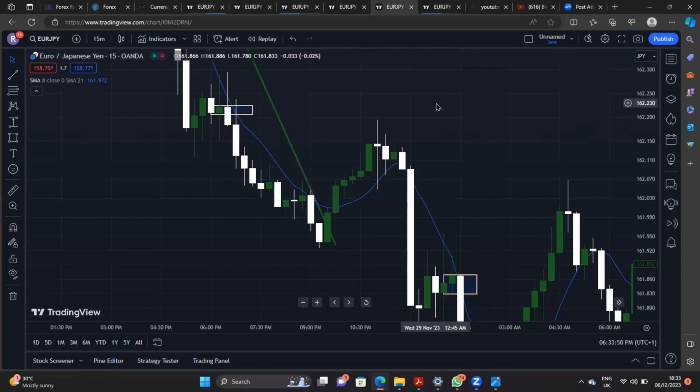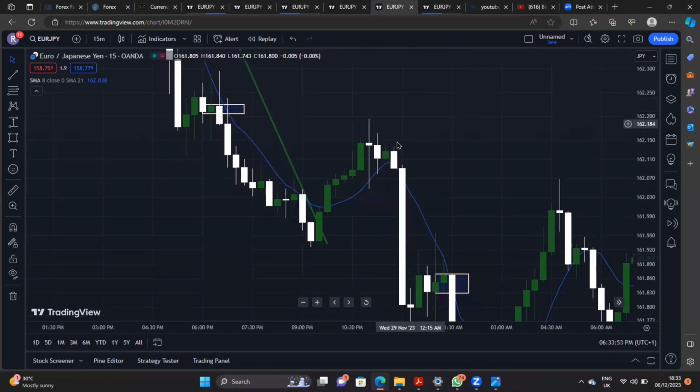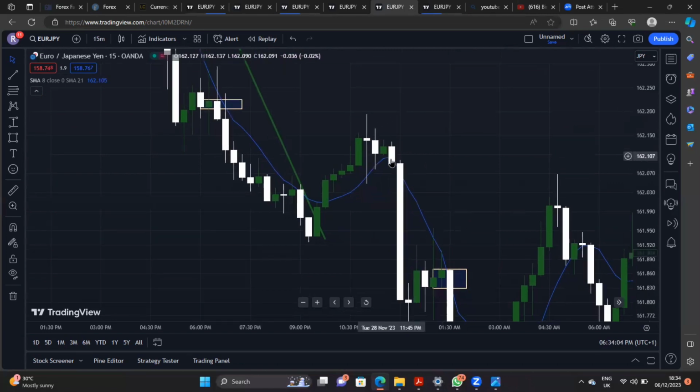To identify a bearish engulfing pattern, it consists of two candles. The first candle must be a small bullish candle, and then the next candle must be a long bearish candle. But one important thing is that the bearish candle is longer than the bullish candle.